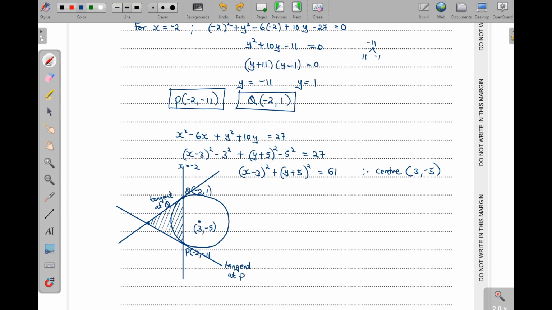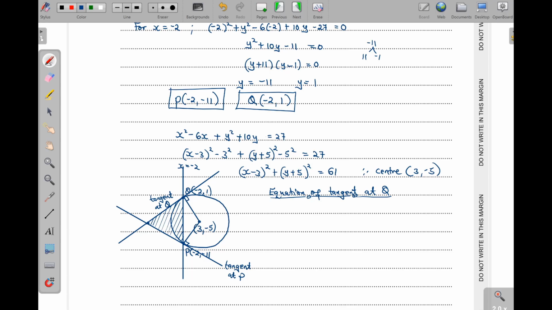So we have to find the equation of tangent at Q. Now remember, I told you that the tangent and the radius are always perpendicular. So that is 90 degrees.